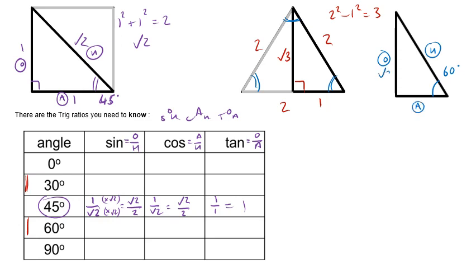If I just fill in the values for those we've got from our other triangle, and now we can fill in this row for angle of 60 degrees. So the sine of 60 degrees is equal to root 3 over 2. Cosine is equal to 1 over 2, and the tangent is equal to root 3 over 1. We can just leave that as root 3.